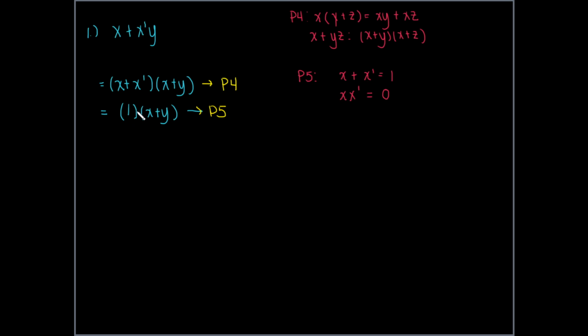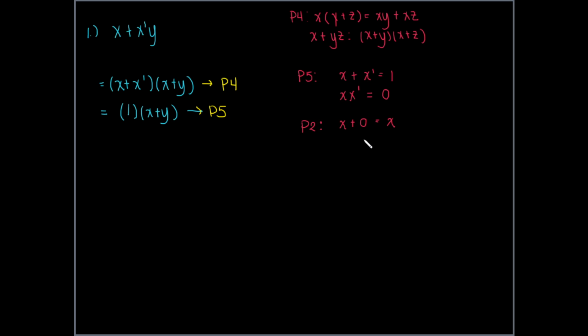Now that we have a 1 here, I want us to recall this time your identity elements from postulate 2. So postulate 2 suggests that we have an identity element of 0 for the OR operation. So if you take a variable or 0, the result will still be that variable.